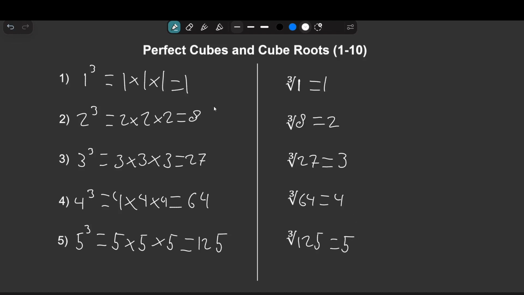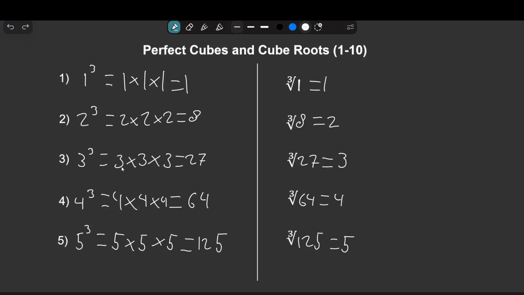So I'm going to just show you a bit to make you understand it a little bit better. Let's do it with number 2, because you can understand it easily since it has low numbers. So let's say we have to cube 2. First we do 2 times 2, and this will equal 4. Now 4 times 2 again will equal 8. So that's basically how you can imagine it.